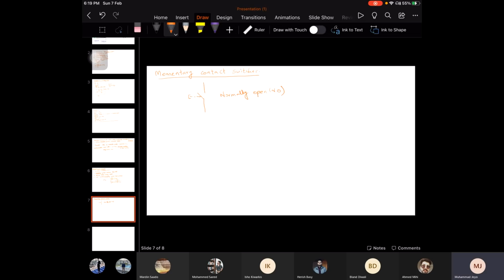So this is basically the normally open switch. In other terms it is also called a push button. When you are making an electrical diagram for an electro-pneumatic system, you will be using this symbolic representation for a push button.